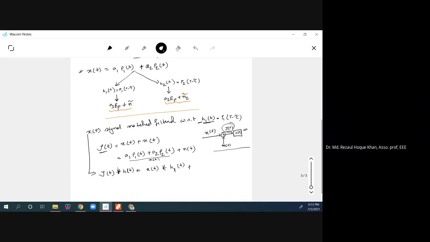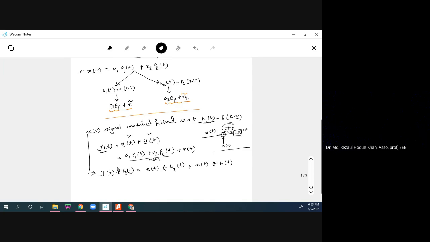The y(t) is a combination of signal and noise, which is going through a filter response h. So x convolved with h and n(t) convolved with h(t).